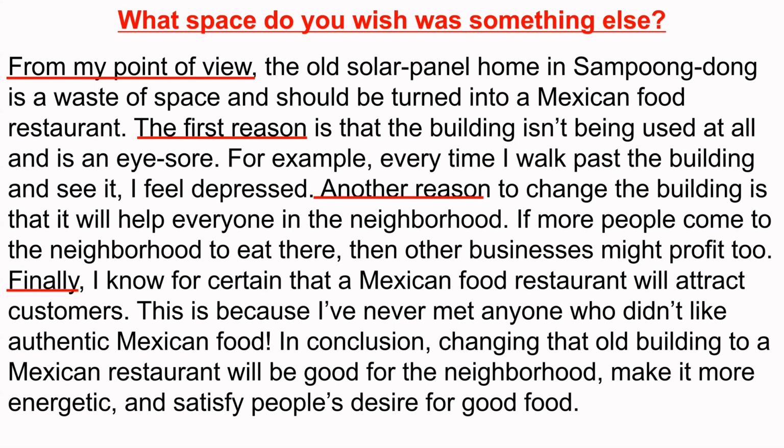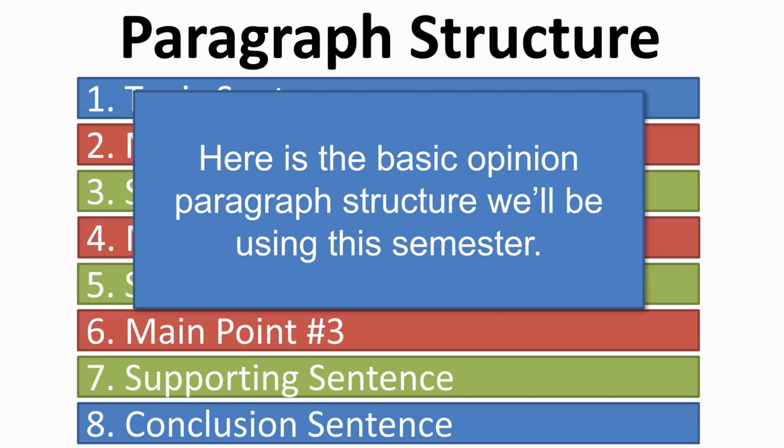And the fifth and last one, in conclusion. All right, take a look. These are the 5 transitional phrases for this paragraph. And this is the basic structure of an opinion paragraph.